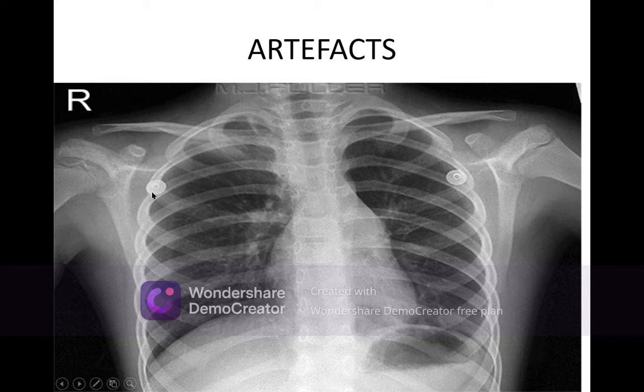These are buttons, whatever it is seen here, and females, because of the covering of the breast, wear different types of garments, and these are these two pins, or it may be buttons type of things. Two in number, on different sides. These are the artifacts which are entrapped in the X-ray.